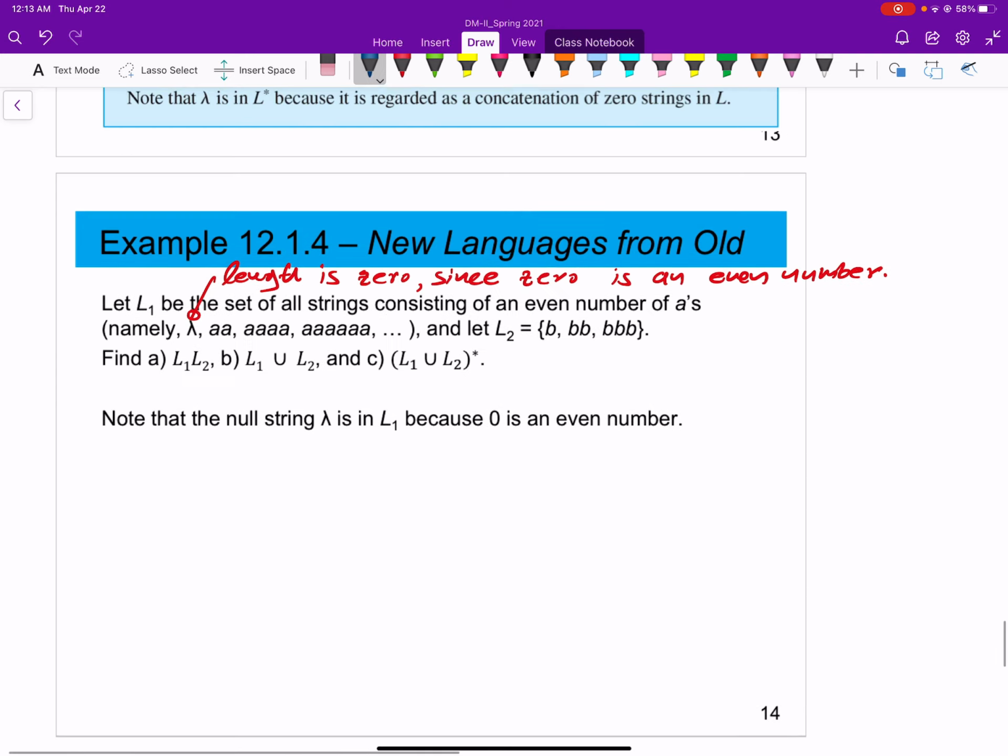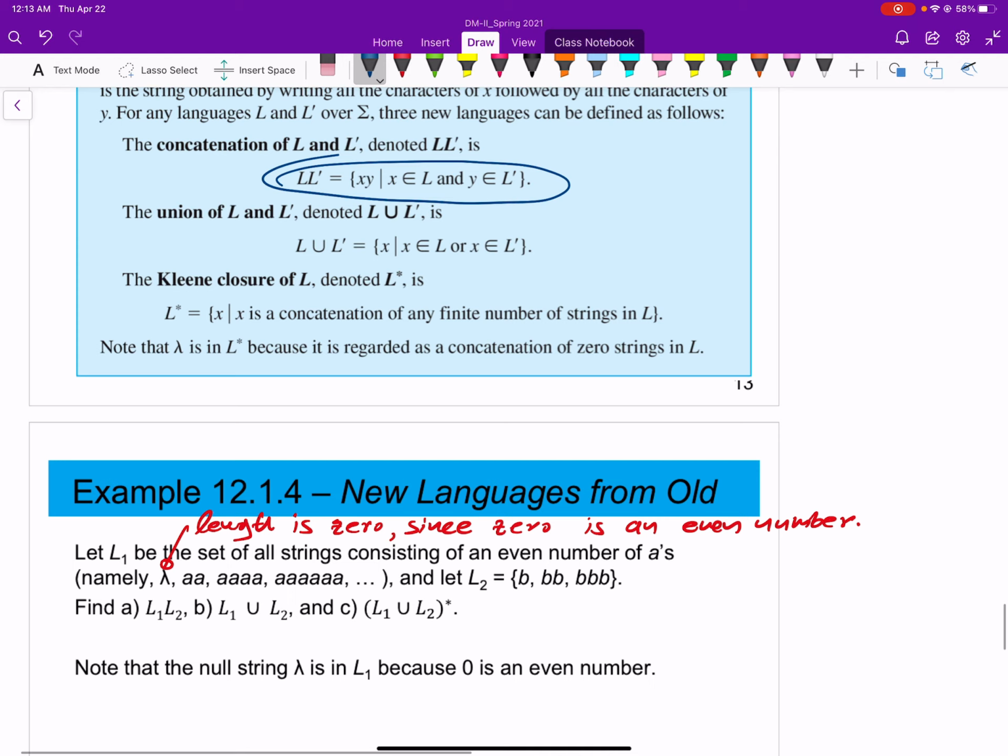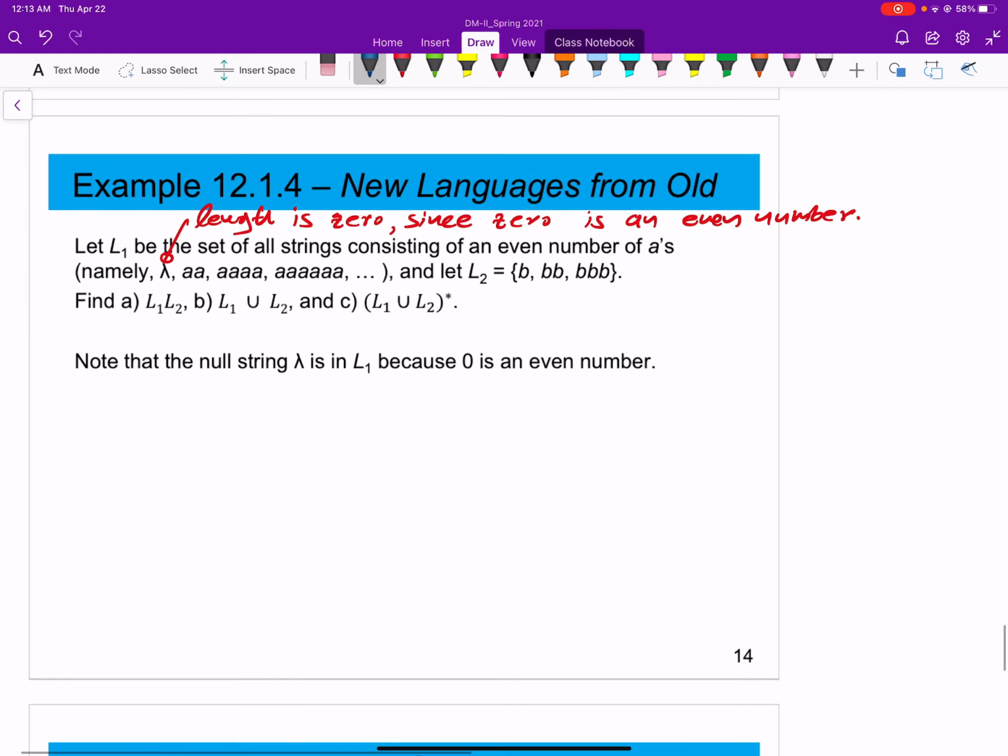The Kleene closure is defined here. Kleene closure means it consists of concatenation of any finite number of strings in L. It's any finite number of concatenations. Okay, so it can go up to infinity.